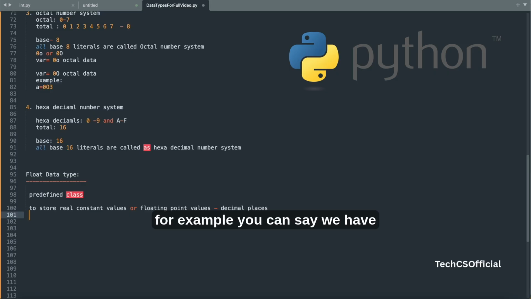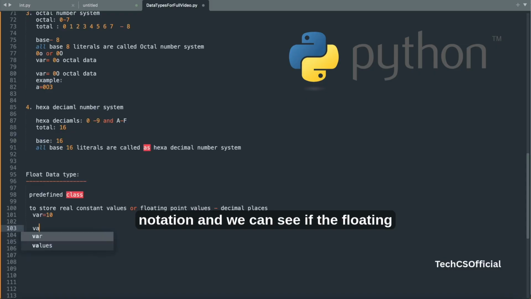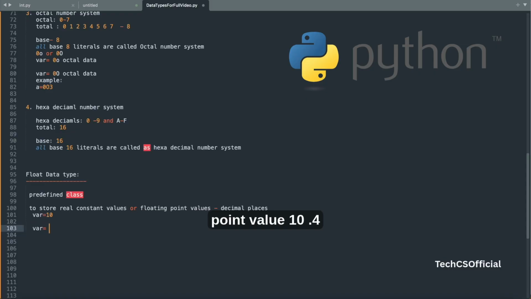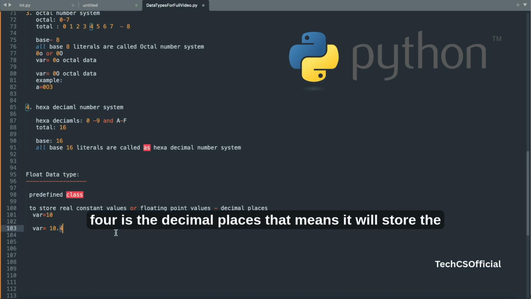For example, we have age equal to 10. This is a simple integer notation, and a floating point value is 10.4. Here 4 is the decimal place, which means it will store the real constant value.